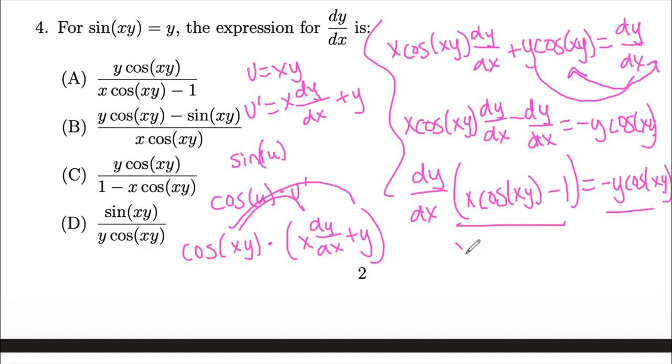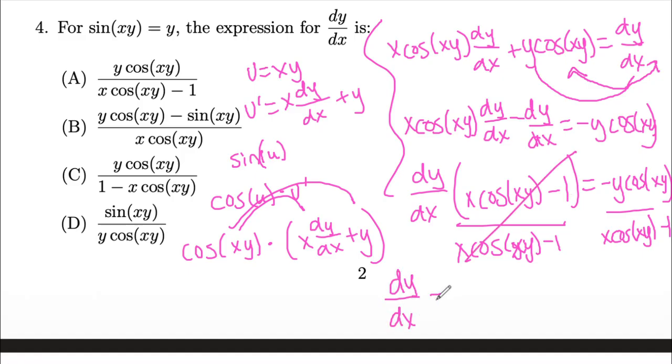Let me write out my work so you can follow along: x cosine of xy minus 1. So now this gives me dy/dx equals negative y cosine of xy over x cosine of xy minus 1. Whew. Okay, now let's take a look at our answer choices.